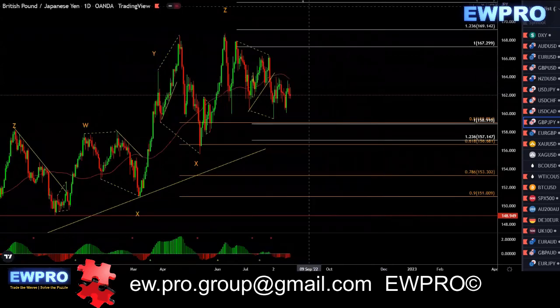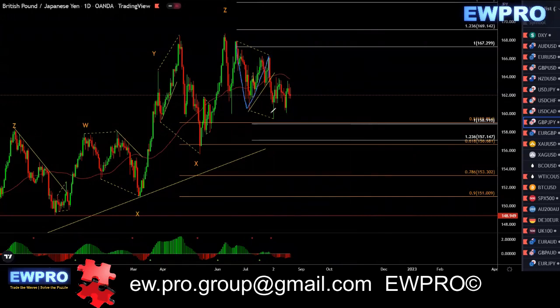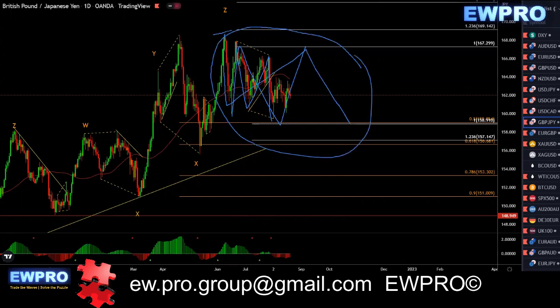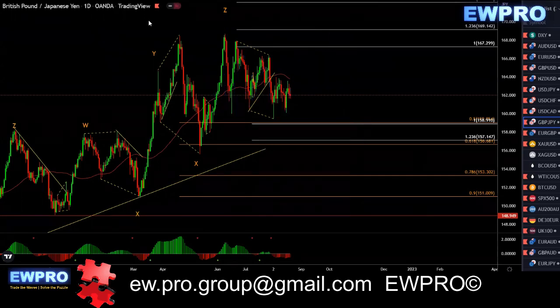We can sort of start looking for a pattern in here, like an A, B, C, and then we get an A, B, C. So I'm looking for upside, and then we get an A, B, C to give us that larger correction after the wave Z before we get any more upside.